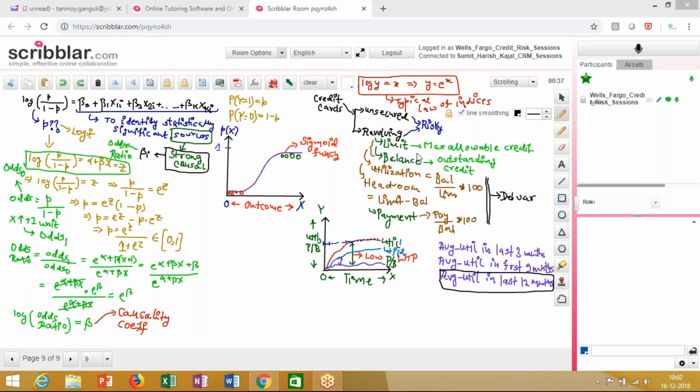So what happens is that the probability of default is calibrated to a score, and that score is communicated to the public. They say, this is your total score, and our cutoff score is this, therefore we cannot give you the loan because your score is much below our cutoff score.